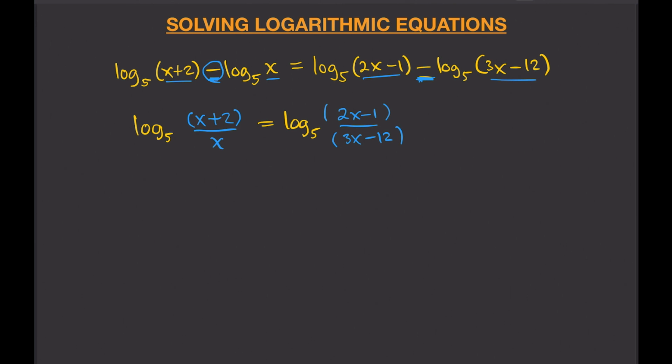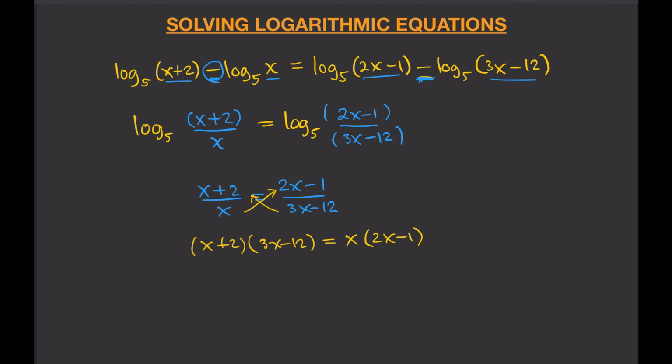Okay, so now we can equate our arguments, so we can have that as x plus 2 divided by x equals 2x minus 1 divided by 3x minus 12, and we can do cross multiplication, so we can have it as x plus 2 times 3x minus 12 equals x times 2x minus 1.